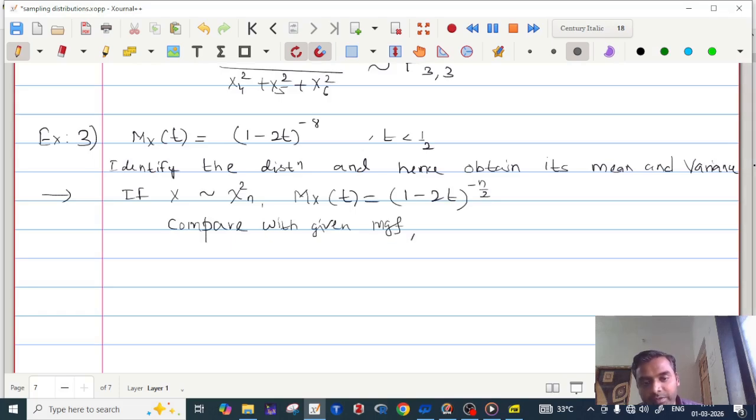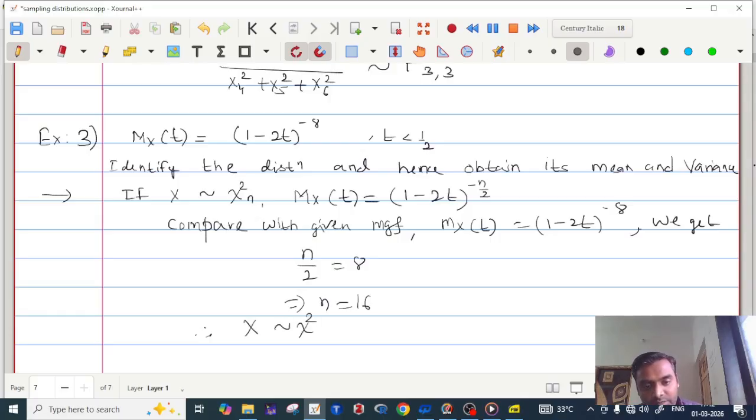By comparing, we get n upon 2 is equal to 8. This implies n is 16. Therefore, X follows chi-square with 16 degrees of freedom.